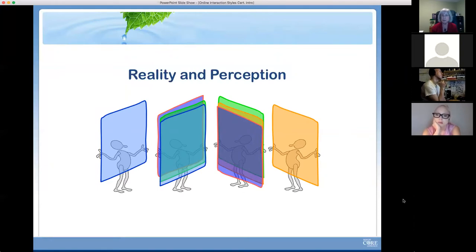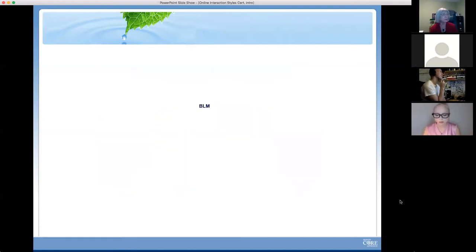So what we're going to do today is explore some filters that you have. Just a little thing, I like using real plastic filters in the workshop. And here's the problem with the world. A friend of mine, Dr. Sue Cooper, said, Linda, the problem is everybody has BLM syndrome.